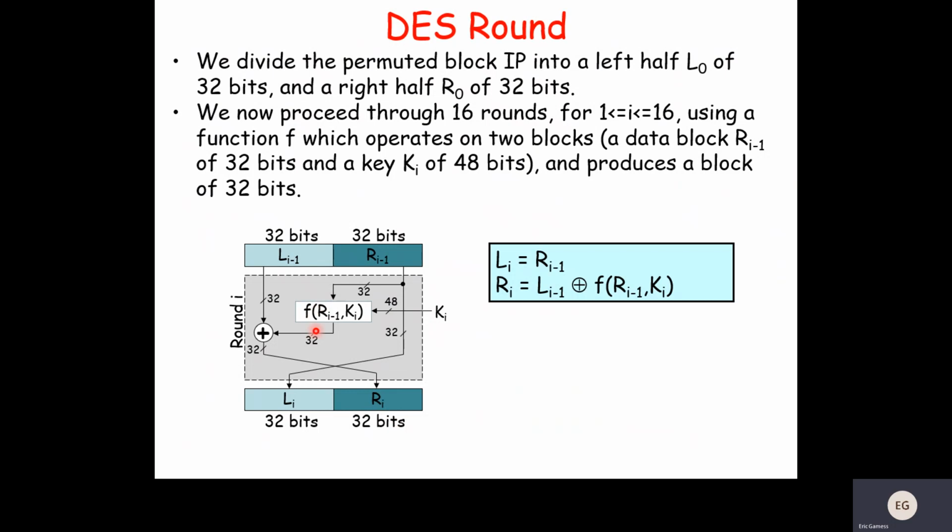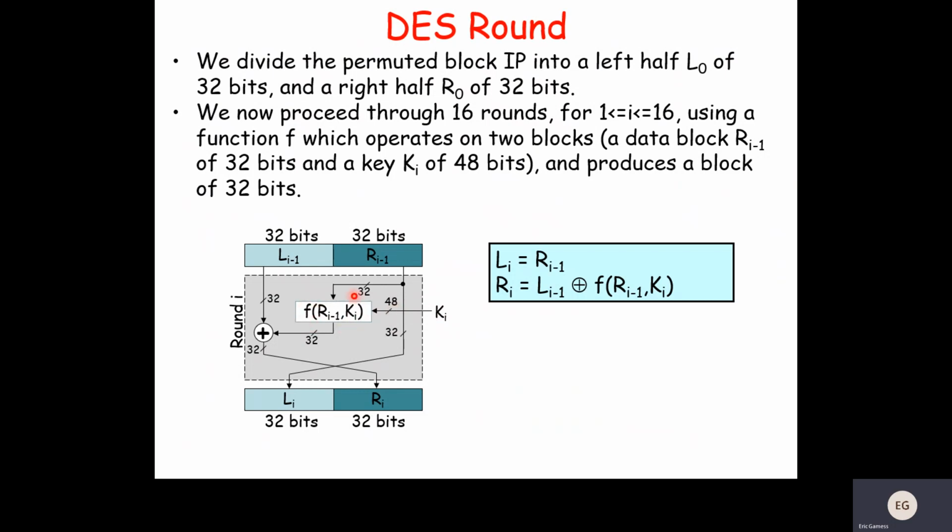So how do we compute these 32 bits? There is a function f, and this function f depends on two entries. One entry is R sub i minus 1, which is the right 32 bits of the previous round, and the other is the key of the round, which is 48 bits.